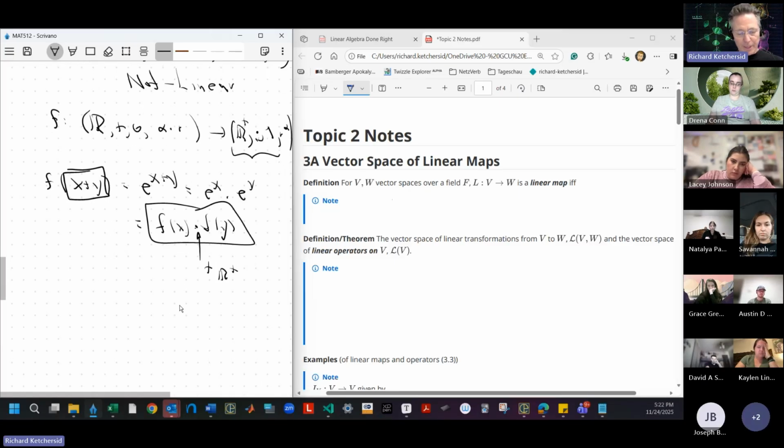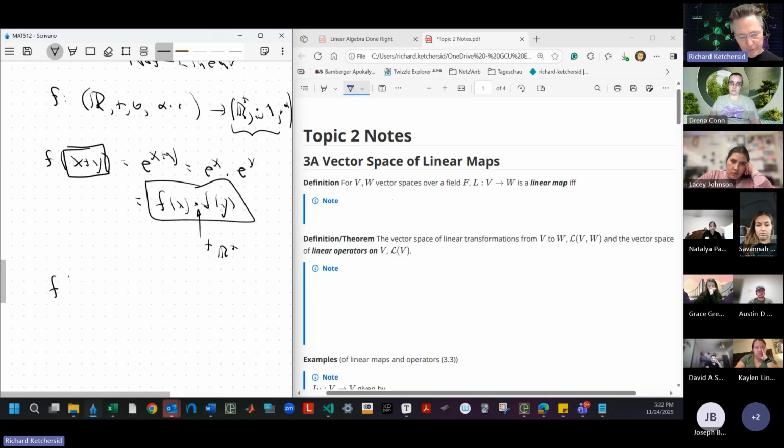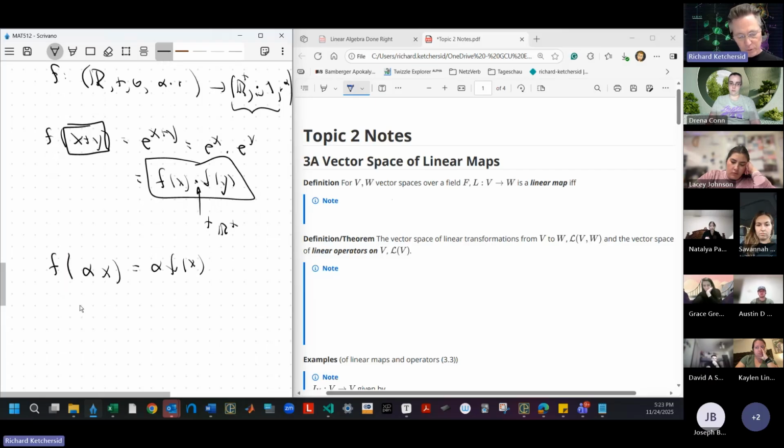All right, and what about the scalar multiple? Is it true that f of alpha x, what needs to happen? It needs to be alpha f of x. Well, is this true? So f of alpha x is e to the alpha x, but that is e to the x to the alpha.